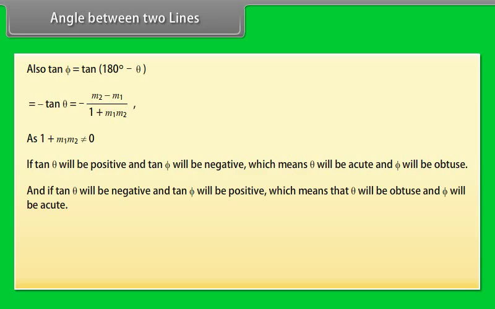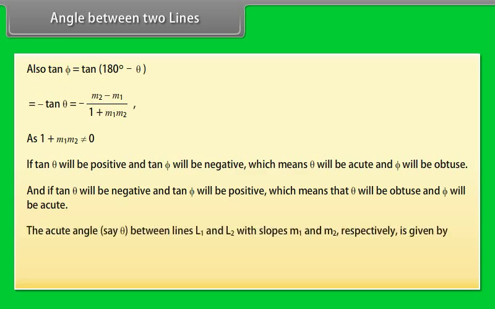And if tan theta will be negative and tan phi will be positive, which means that theta will be obtuse and phi will be acute. The acute angle, say theta, between lines L1 and L2 with slopes m1 and m2 respectively is given by tan theta is equal to modulus of (m2 minus m1) divided by (1 plus m1 m2), as 1 plus m1 m2 is not equal to 0.